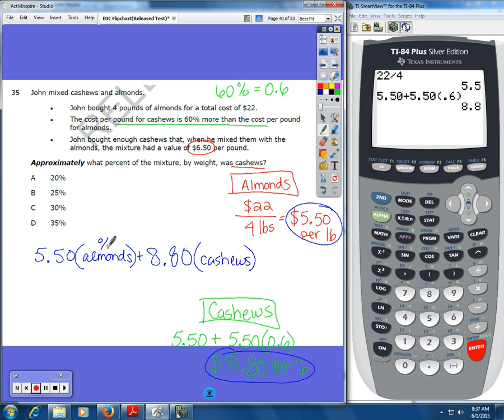Okay, and this is the percent almond, percent cashews. And that's going to equal a total of $6.50.